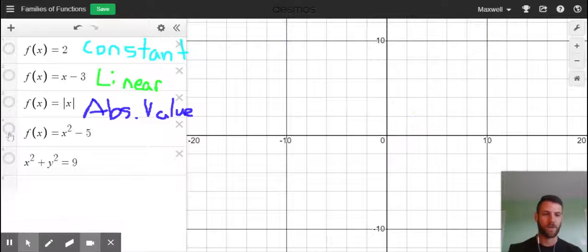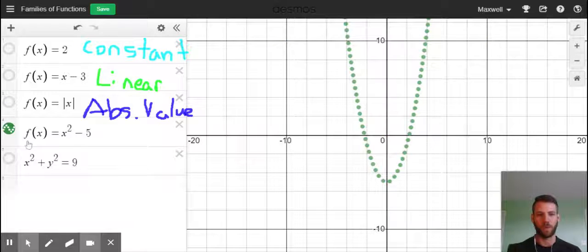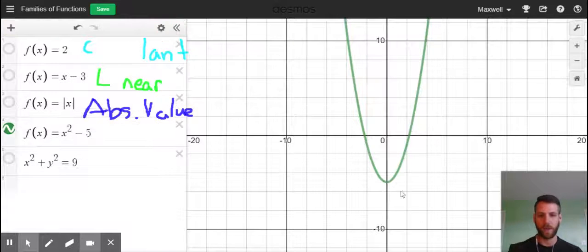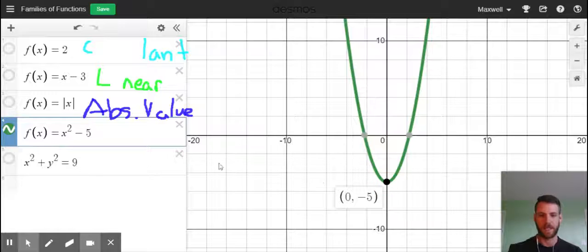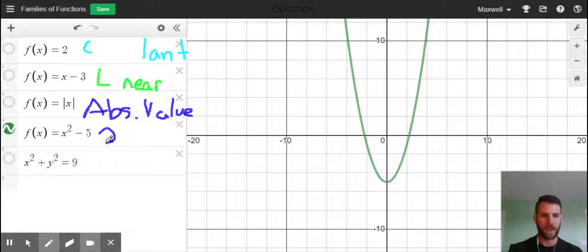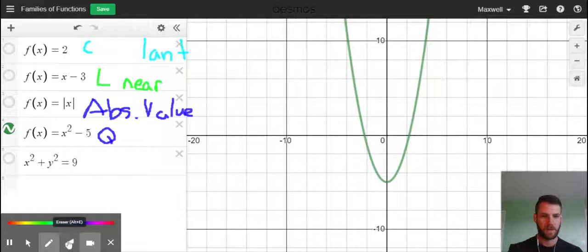Our fourth family has a lot of similarities to the one before in that you have an origin point at the bottom here. In this case, it is at -5. But these are parabolas, and they are part of the quadratic family. And we want to write in quadratic here to label this family.